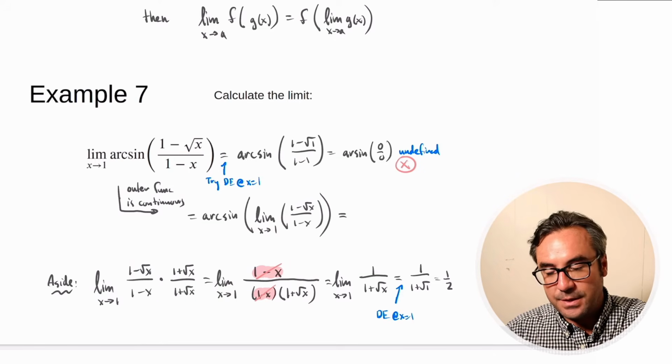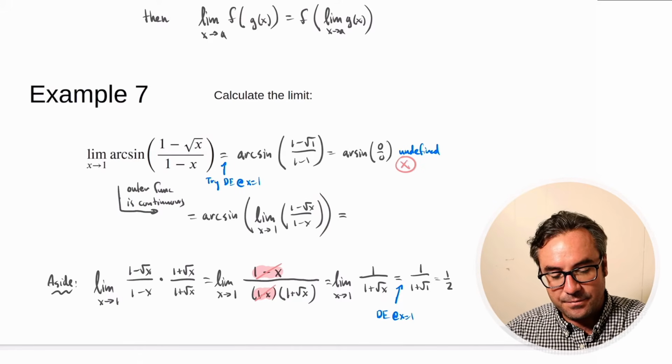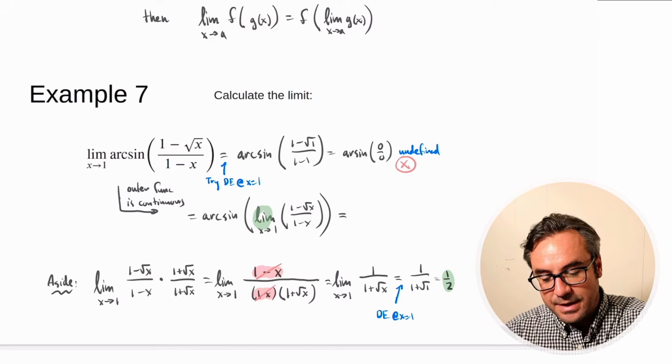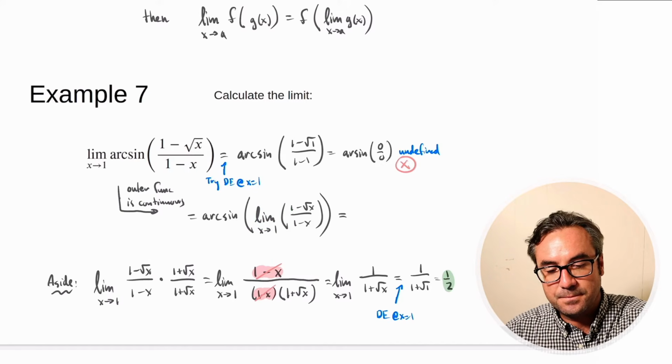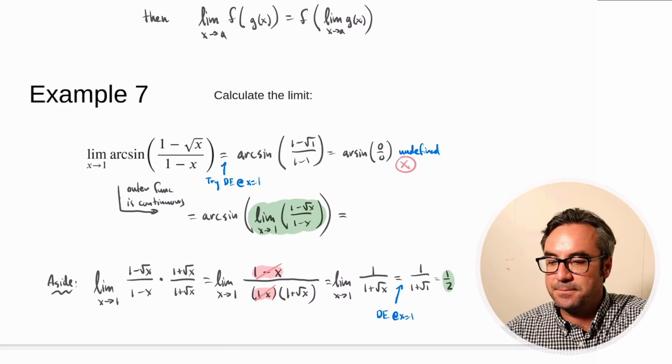So now we can go back up, and now we know what the limit of that inner function was. So we can fill that in.